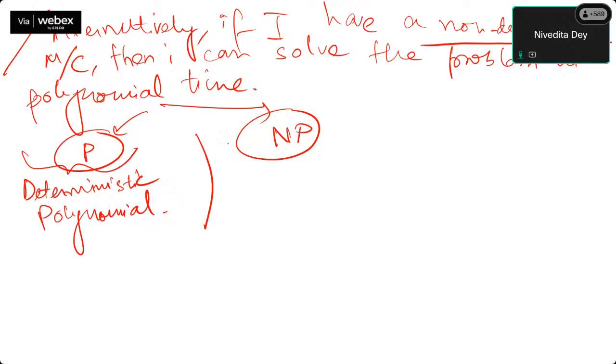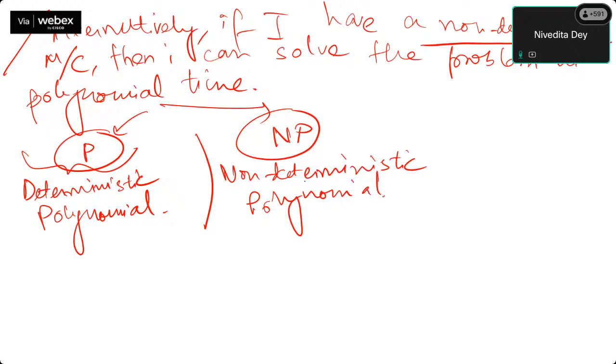NP means non-deterministic polynomial, meaning if you are able to manage a non-deterministic machine, then your setup is going to solve the problem in polynomial time. Now the question is how you can define a deterministic versus a non-deterministic machine.